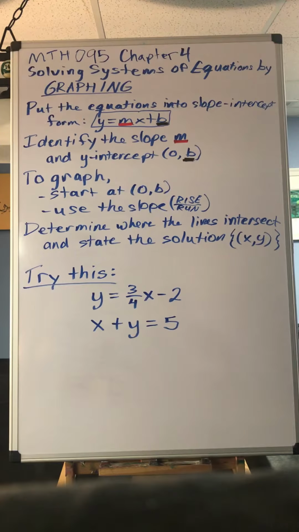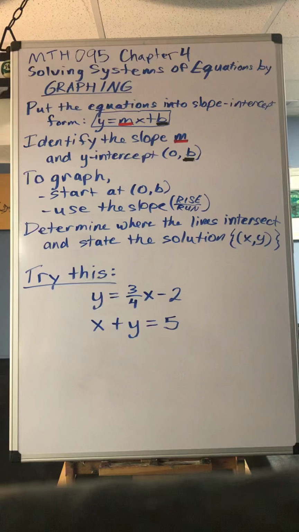Then for each line you can identify the slope, which is m, and the y-intercept, which is b. And then to graph, you're going to start at (0, b), and then you're going to use the slope, which is rise over run. Then you're going to determine where the lines intersect, and then you're going to state the solution.